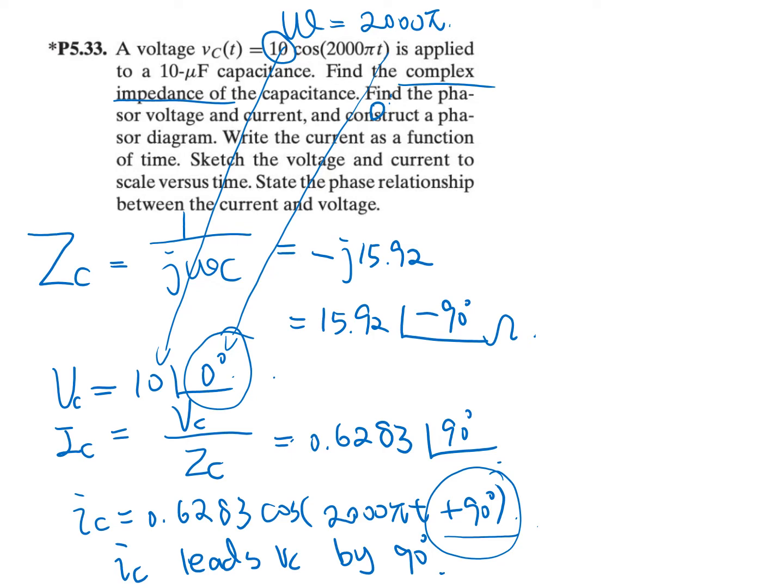So let's draw the voltage and current with respect to time. So this is T again. And because now the current leads, let's first draw the voltage.